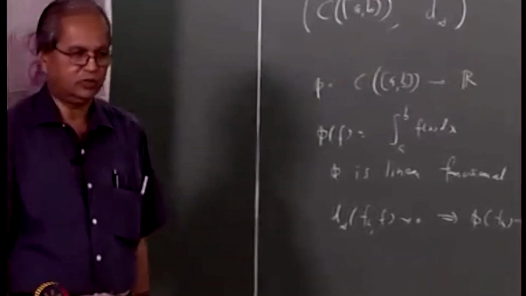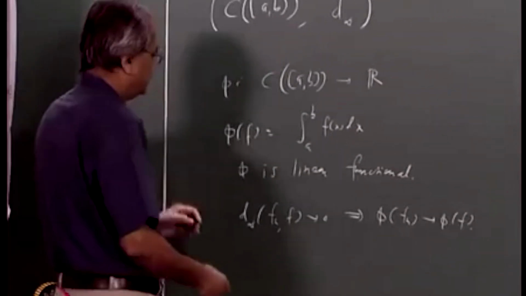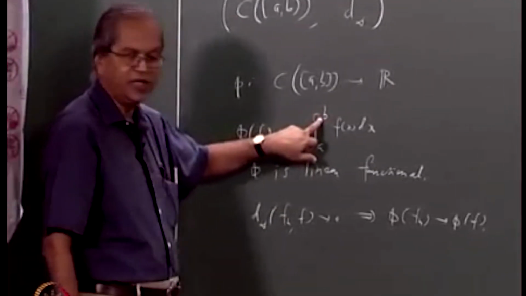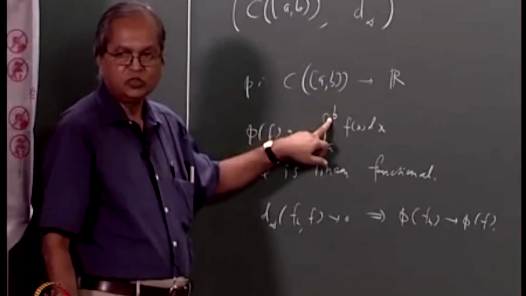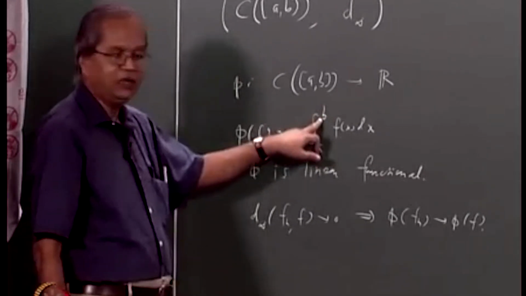Then there is one more thing here. While describing the results about the integrals, we had taken the upper limit as b. But that is not very essential. One can let this upper limit vary also.